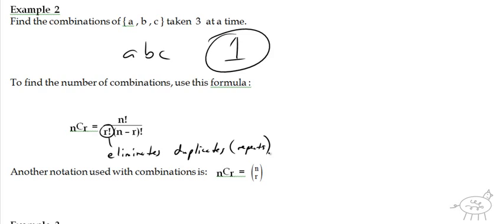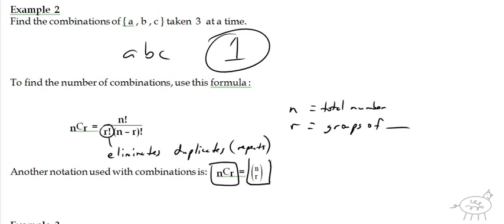All right. As we said before for permutations, n is the total number, and r is like saying groups of blank. Another notation, so it's nCr. This is another notation, and it's written like this.